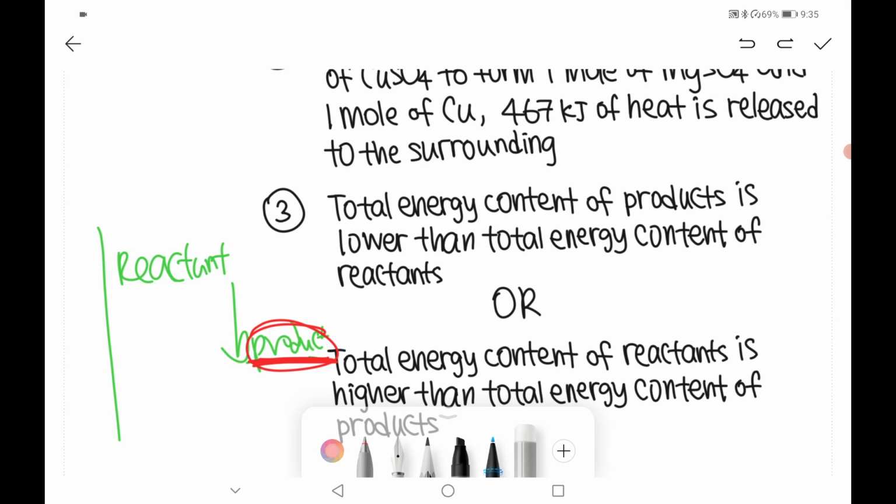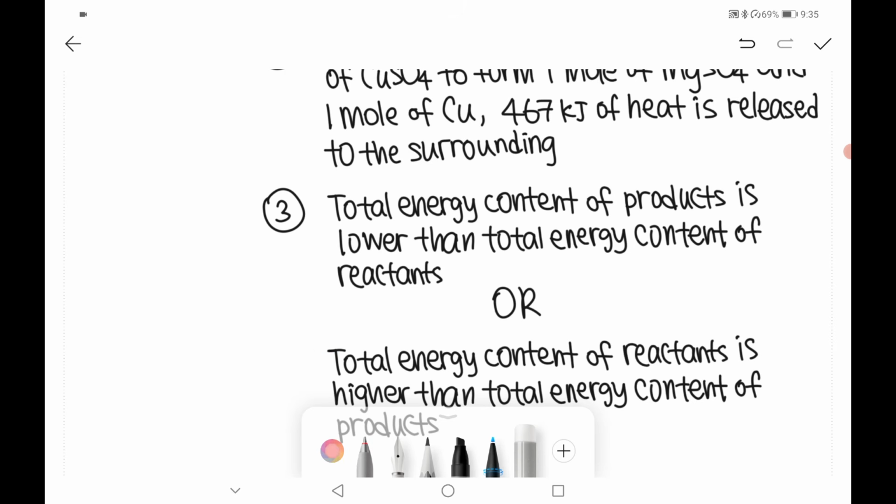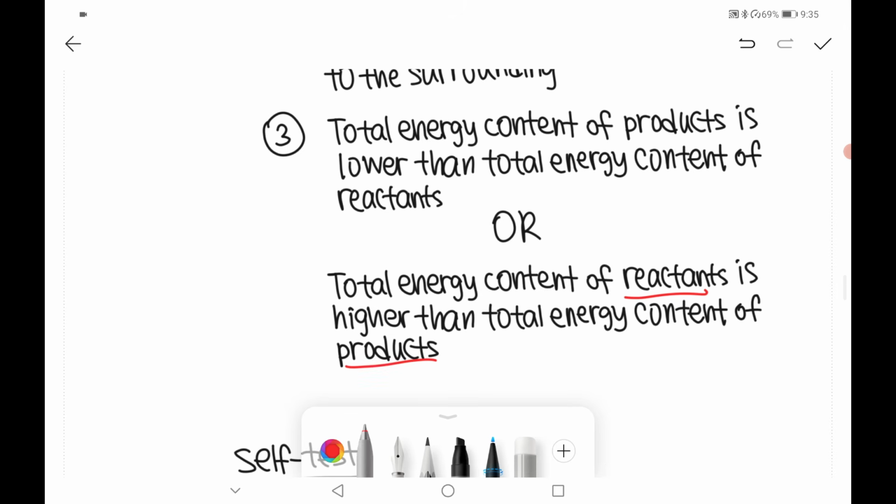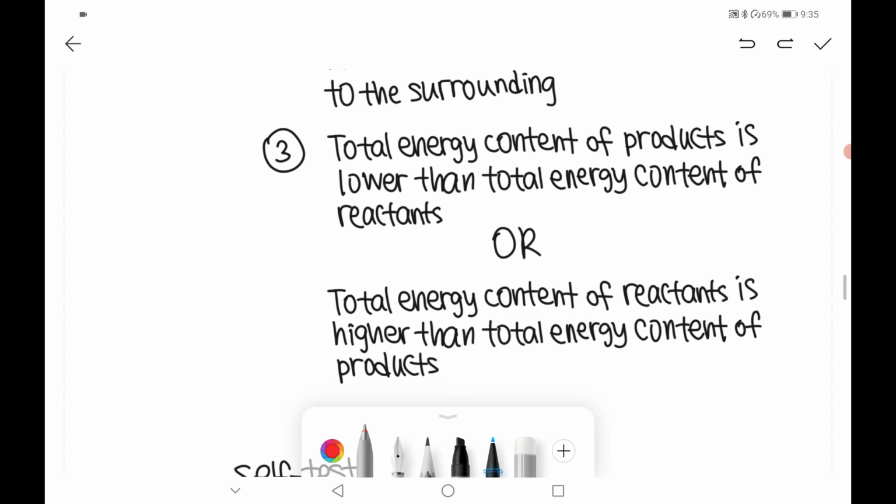You just need to compare and mention who has more energy, whether the reactant has more energy or the product has more energy. You can put the product in front. You can say product is higher than reactant, or reactant is higher or lower than product. No problem, up to you.